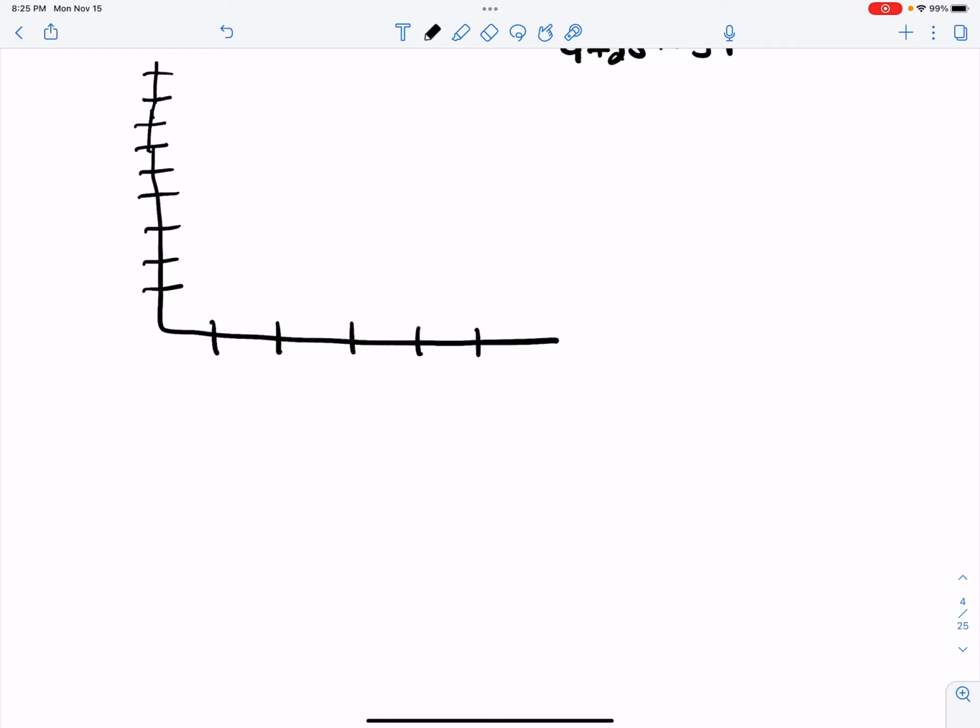Okay, so you know the domain 1, 2, 3, 4, 5, but in our range, let me plot the dots and show you where this stands. So the first one's here, second one's here, third one's here. I should have used graph paper, I apologize, but I'll let you know where it's supposed to be.